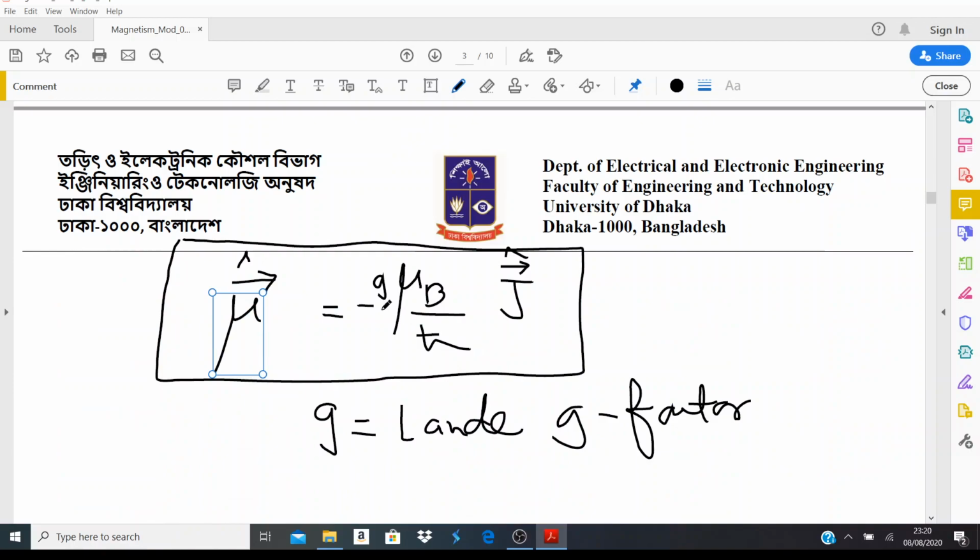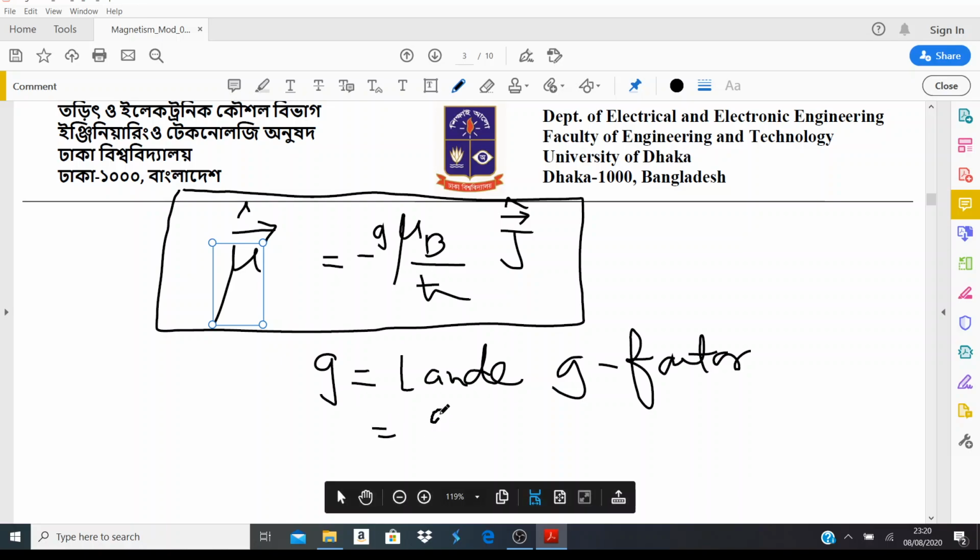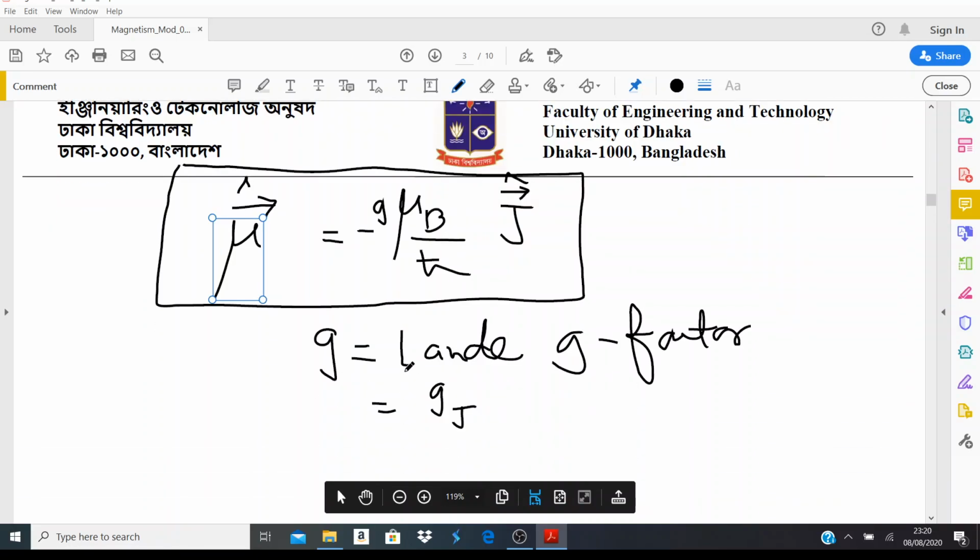And here I am introducing another g factor without any subscript, or in some textbooks you will see this written as g_J. It is a g factor for the total angular momentum of the electron. Our plan is to write the moment in this form, and now we have to find out the value of this Landé g factor in terms of known quantities, and I will explain how we find the expression for it.